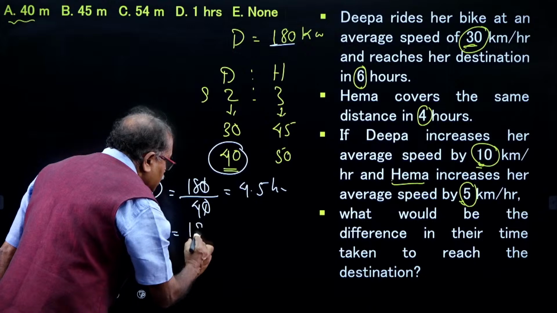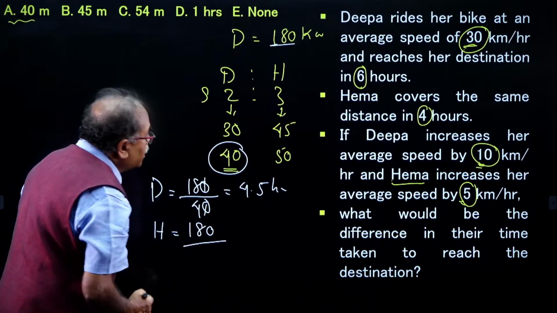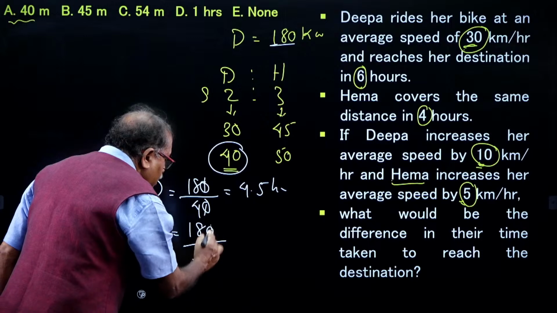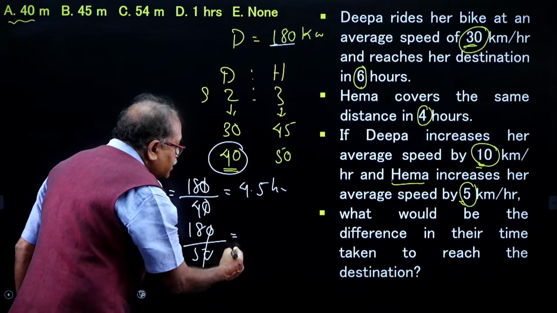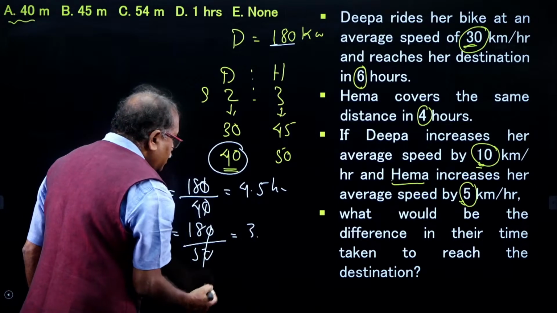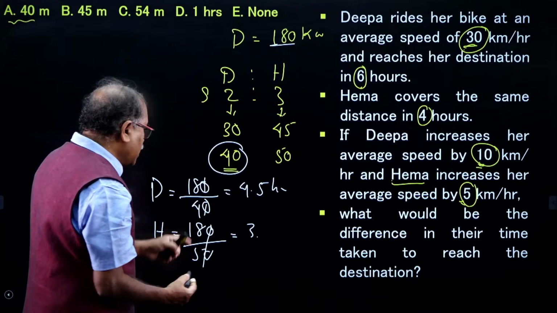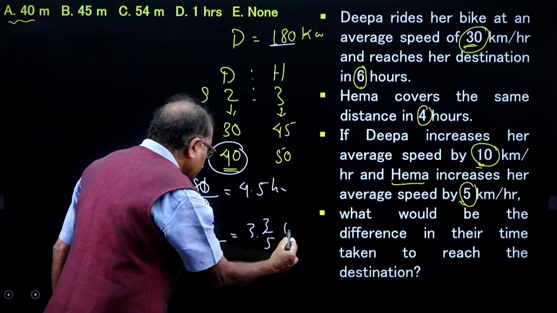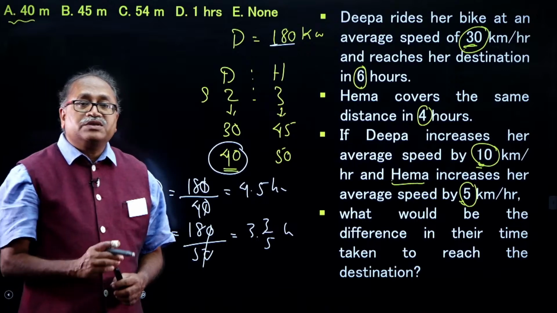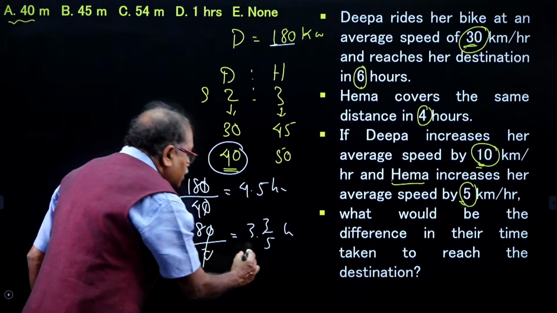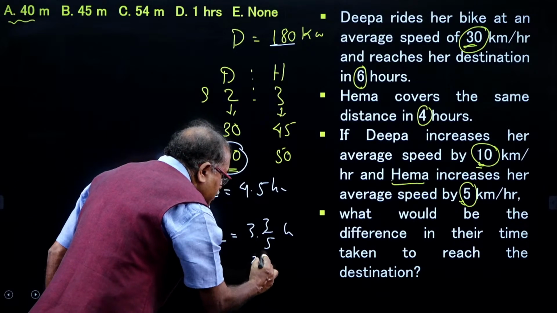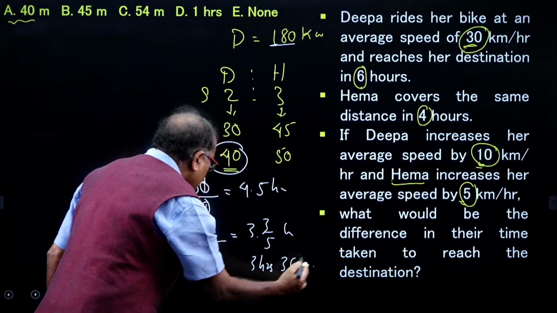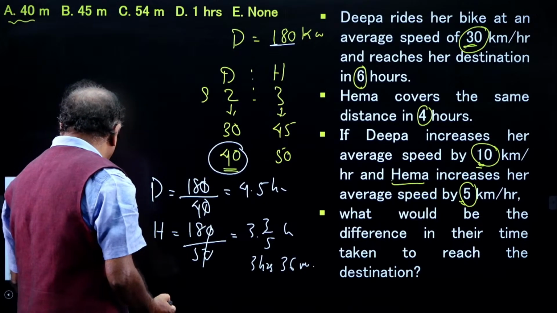Hema is 180 divided by 50 km per hour. Here 5 threes are 15, so 3 hours and 3 by 5 hours, and 3 by 5 hours is nothing but 36 minutes. So, it takes 3 hours 36 minutes.